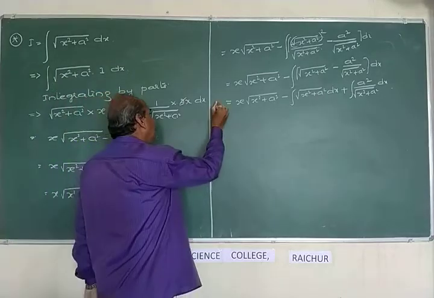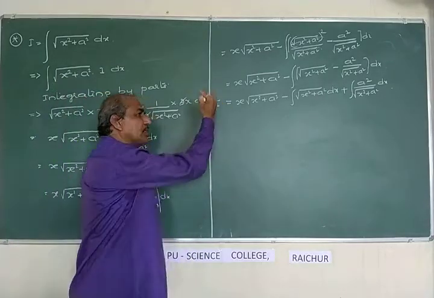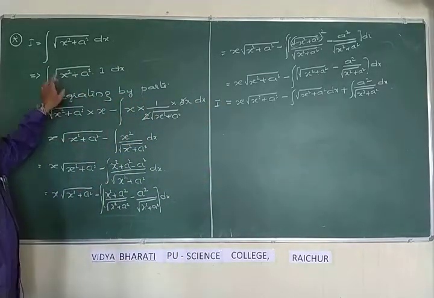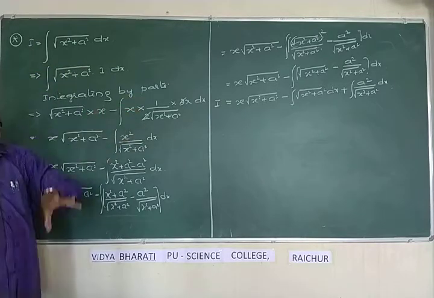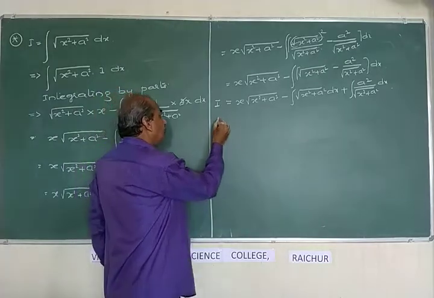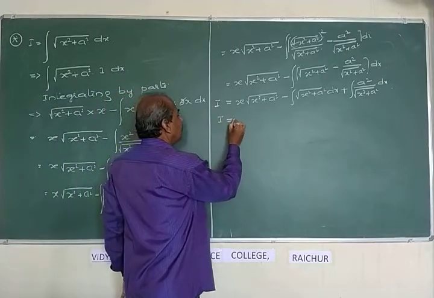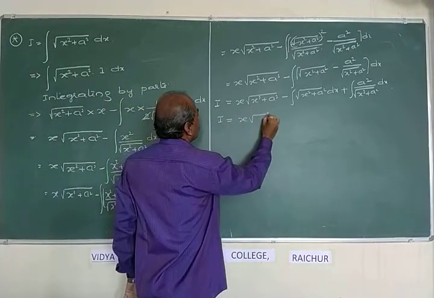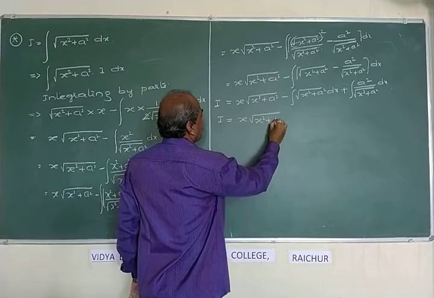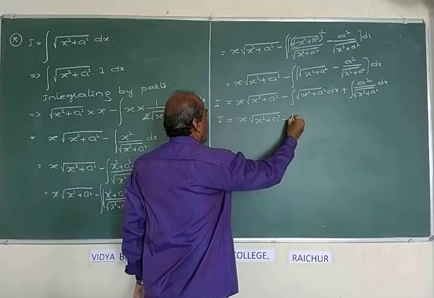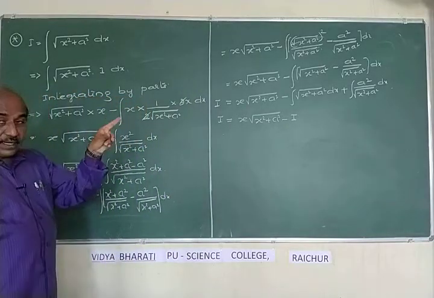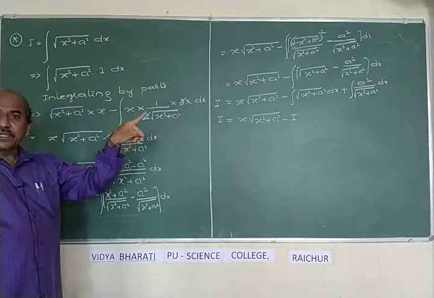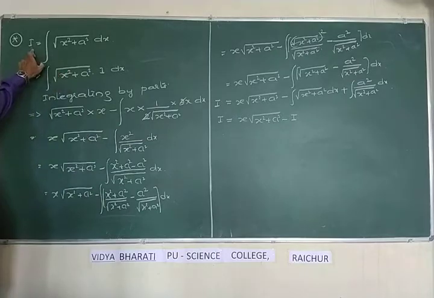Now on the left hand side you have I, as in all the steps. Initially I took this as I, and the same I is written in this way. Now on the right hand side, I is equal to x into root of x square plus a square. The integration of root of x square plus a square into dx is written as what here?